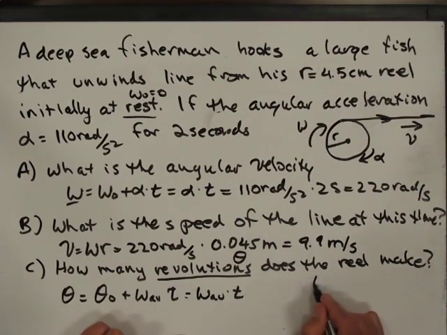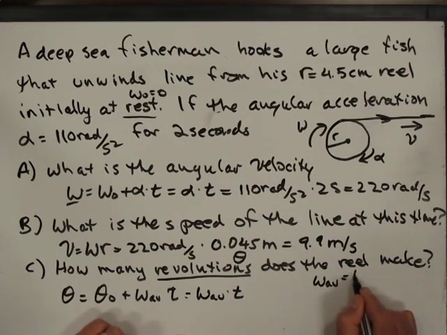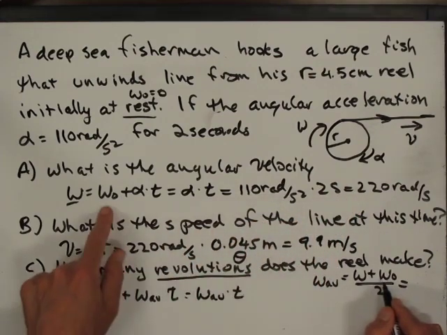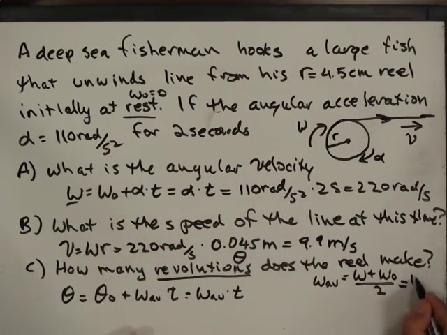Omega average is just omega plus omega naught over 2. And if you remember, this is 220, that was our final velocity. Our initial velocity was 0. Divided by 2 is 110 radians per second.